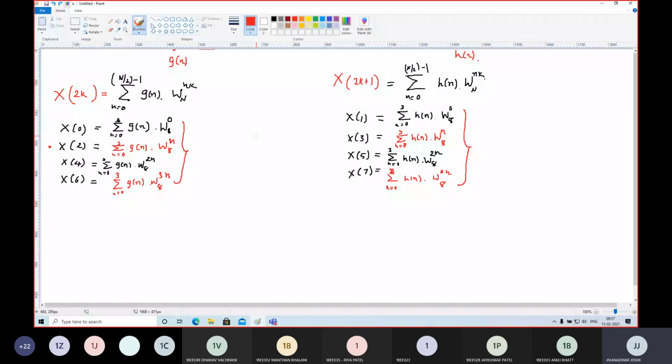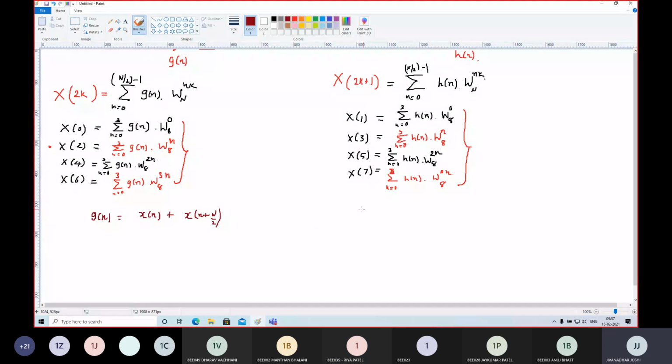Okay. So now with these, we also need to remember what I should write down for g of n and what I should write down for h of n. You know, g of n is equal to how much? x of n plus x of n plus n by 2, yes, correct.